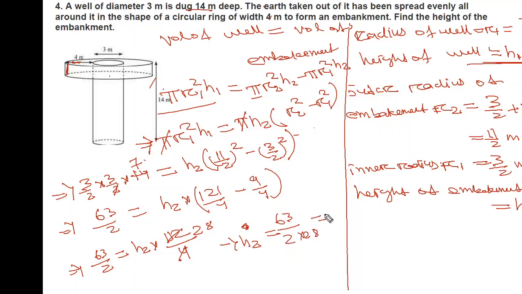So which will be equal to, you can cancel it, 7 7 9 7 4, so 9 by 8, which will be equal to 1.125 meter. So this will be the height of the embankment. So H2, or height of the embankment, is equal to 1.125. So this is your answer. Now let's move to the next one.